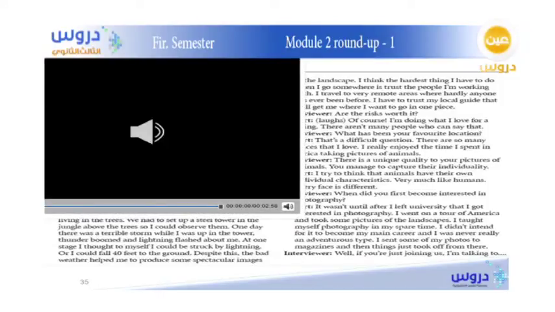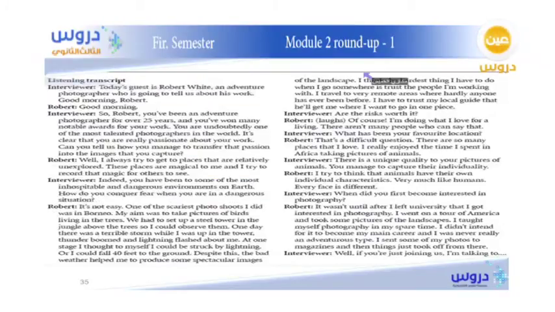So let's listen. Today's guest is Robert White, an adventure photographer who is going to tell us about his work. Good morning, Robert. Good morning. So, Robert, you've been an adventure photographer for over 25 years, and you've won many notable awards for your work. You are undoubtedly one of the most talented photographers in the world. It's clear that you are really passionate about your work.